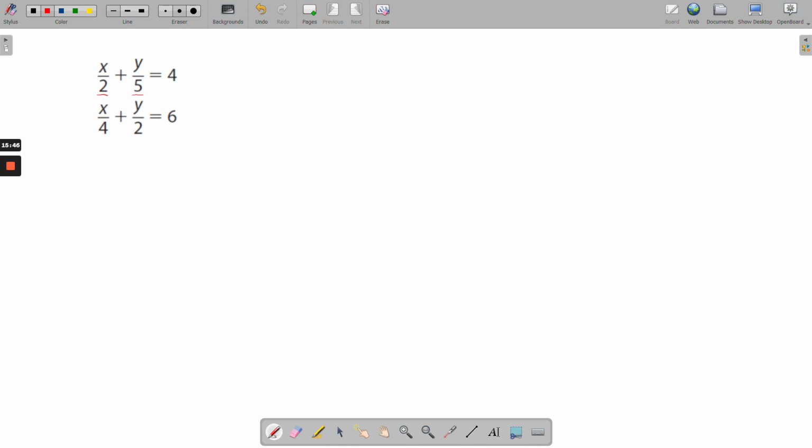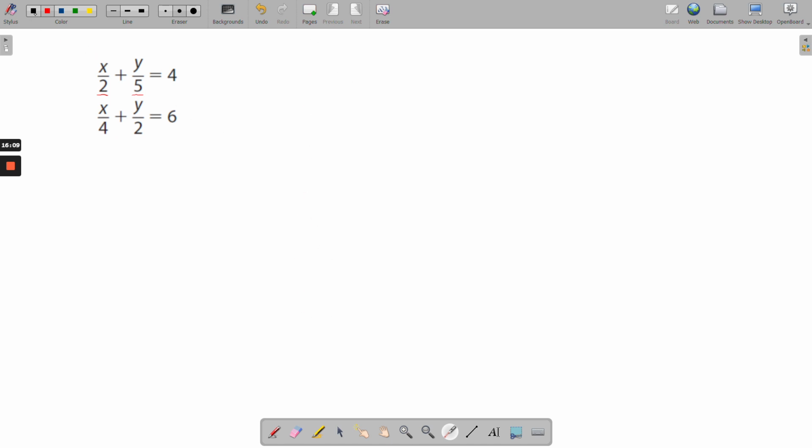We try and find the lowest common multiple, so the lowest number that the two of them will actually divide into. So for this one, 10 is the smallest number the two of these will divide into, and then 4 is the smallest number the two of these will divide into. So that's what I'm going to multiply across, and I'll show you at the side here how that's going to work.